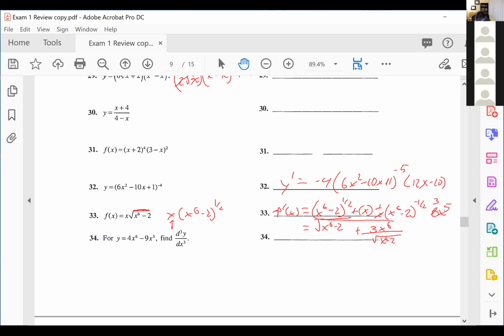And so that's the answer to that one. That thing goes downstairs because it's a negative exponent.